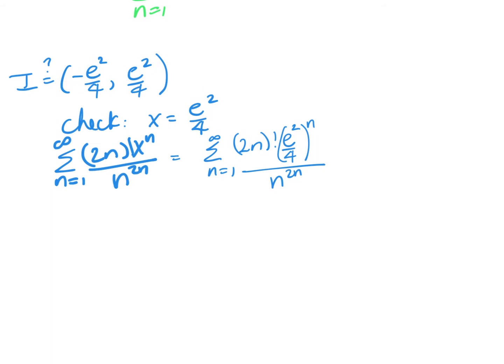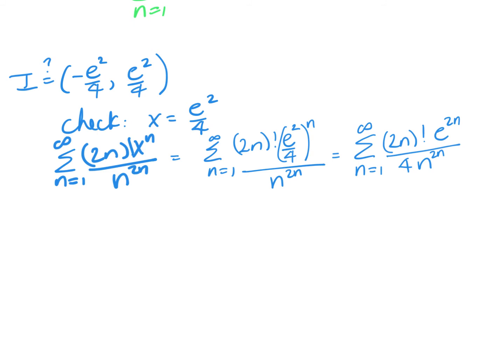Okay, so this one isn't as nice. It's not a nice little cancellation like I had before. I wished it did, but it's not going to. So this can be written as a summation of n equals 1 to infinity of 2n factorial e to the 2n over 4n raised to the 2n.